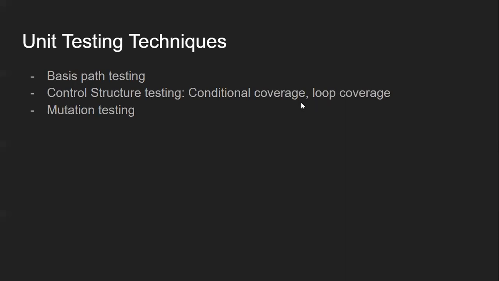We have if-else conditions or switch cases in code, or different types of loops, and all those control structures are tested as a part of this technique. And mutation testing: if there is any abnormal behavior for a particular method, or something that is not working as expected, all those behaviors are identified as a part of mutation testing.